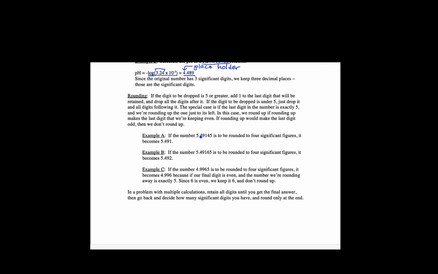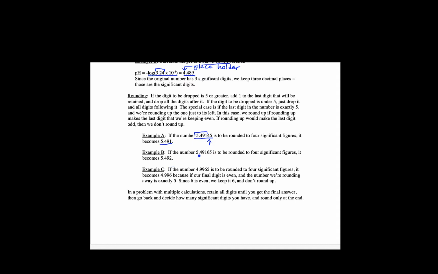So in this case of an example A and example B, my number 5.49145 is going to be rounded to 4 significant digits. And so these 4 digits are the ones that I'm going to keep. So I look at that next number there. I see that it's a 4, which is less than 5. So I just round down to 5.491.